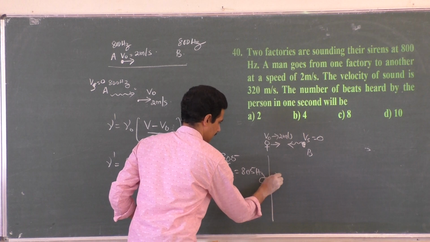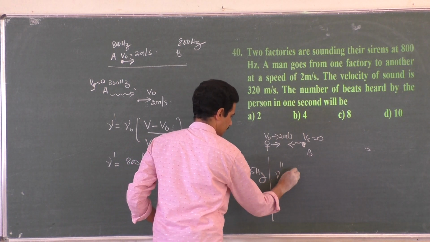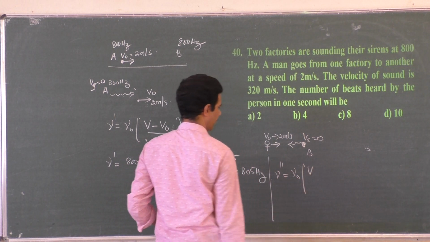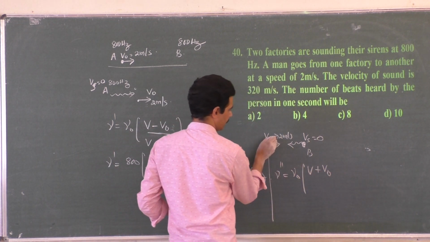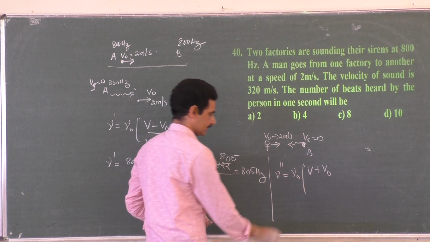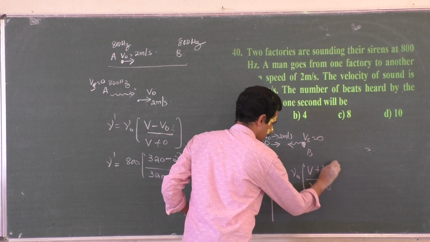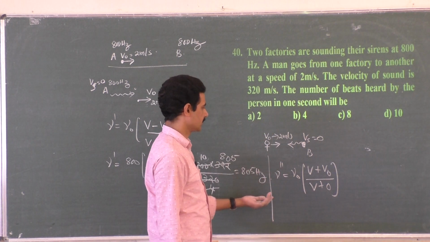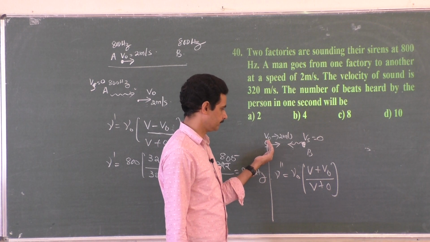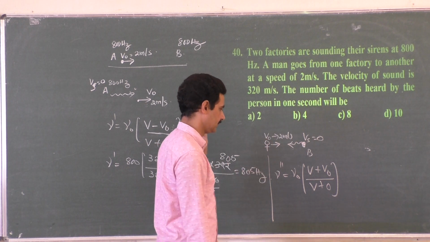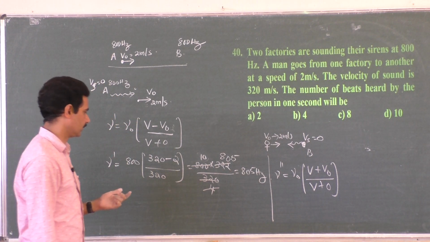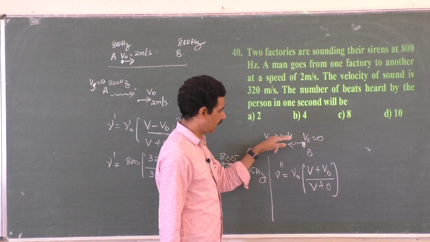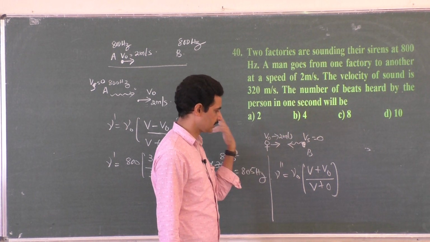Apparent frequency nu double dash is original frequency into V, velocity of sound, plus V0, because V0 is in positive x-axis and sound is in negative x-axis, divided by V minus Vs, where the source is at rest. Nu double dash is equal to nu naught into V plus V0 divided by V plus 0. Am I right? V plus V0 divided by source, no velocity.